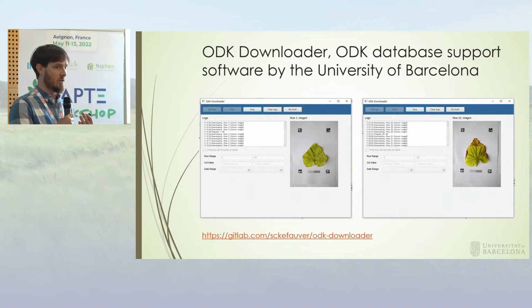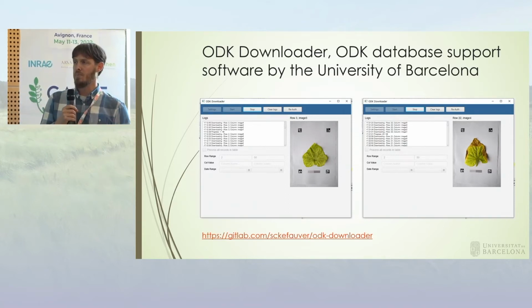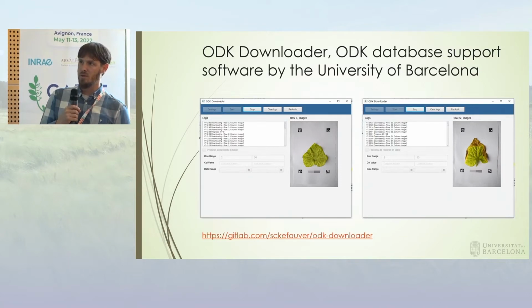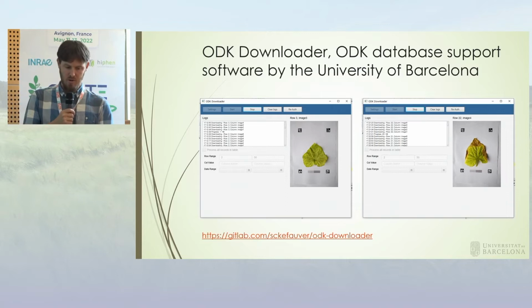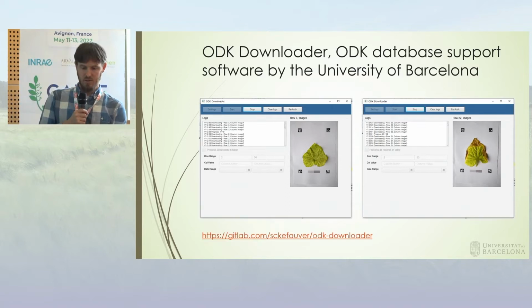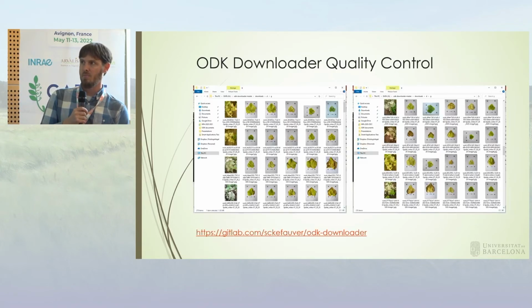We also needed to collect massive amounts of extra data for developing a deep learning convolutional neural network sort of system. So, the ODK downloader will allow us to receive images collected by 5 different countries continuously over the pandemic over multiple years, bring them together. We can quality assess them, label them.